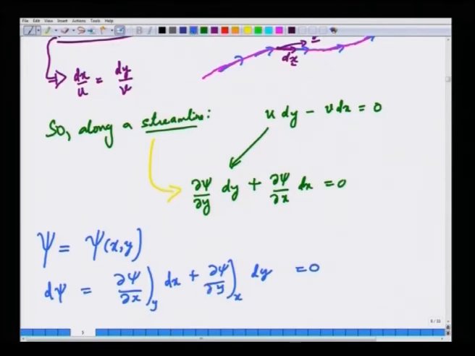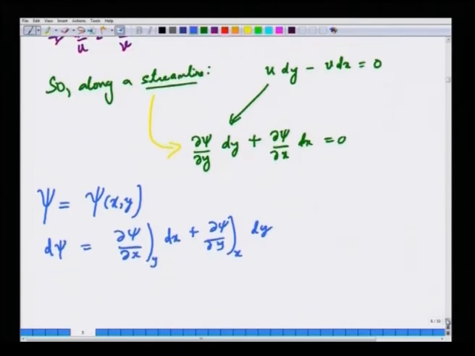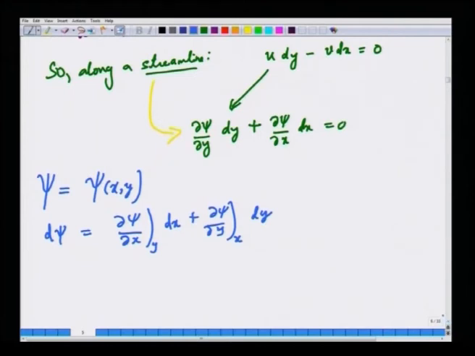I am not saying this is 0; this is the variation in psi because of small variations in x and y. But we find from the definition of a stream function and of a streamline that along a streamline, this quantity is identically 0. So, d psi is 0 along a streamline.